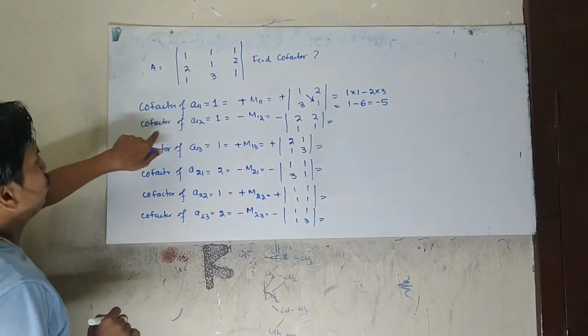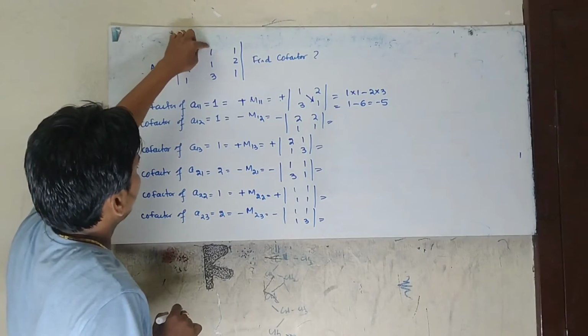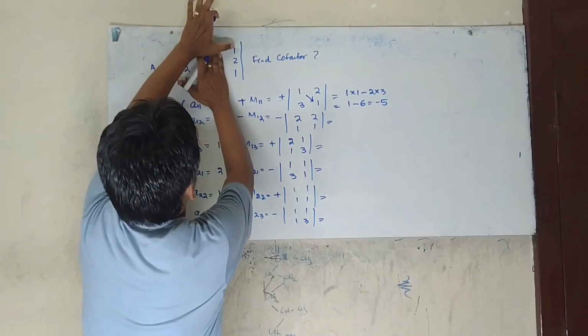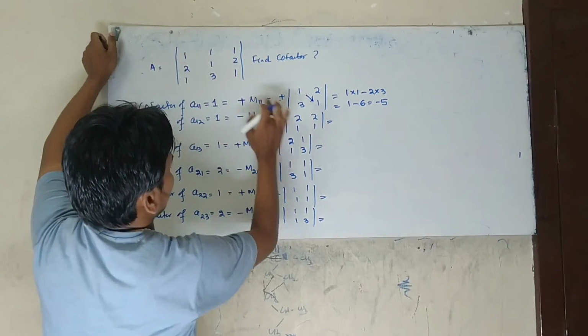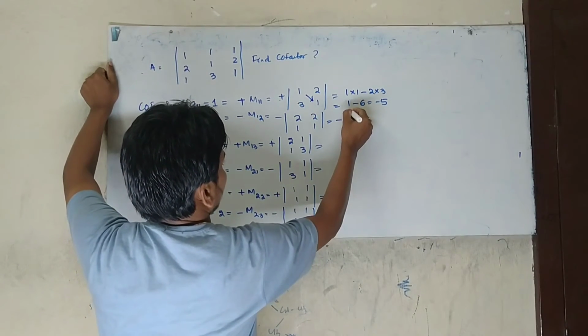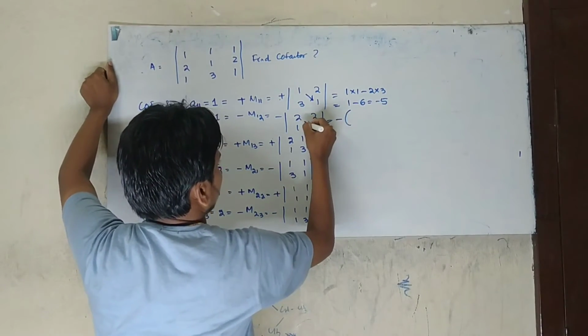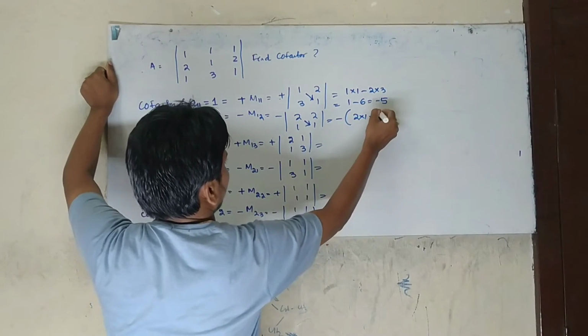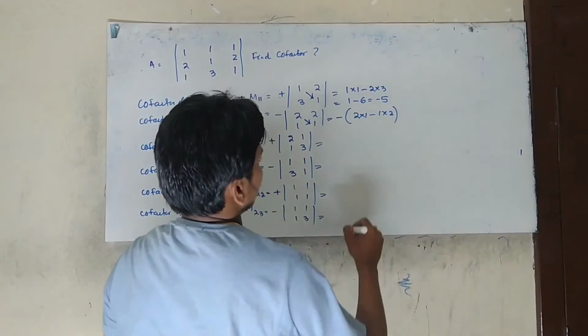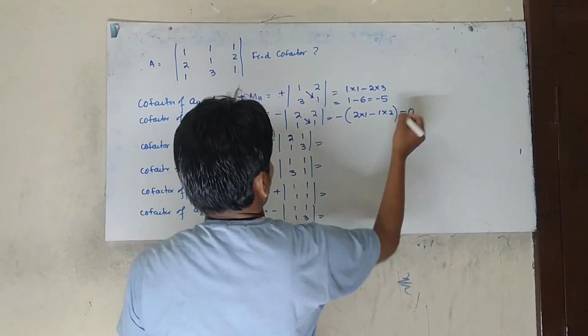Then look, the cofactor of A12 means this is A12, and you delete this row and column element, then 2 2 1 1, and the sign is minus, so minus 5 is the sign-adjusted setup. Now you have to multiply this 2 into 1 minus 1 into 2. Now what do you get? The same thing, so 0.